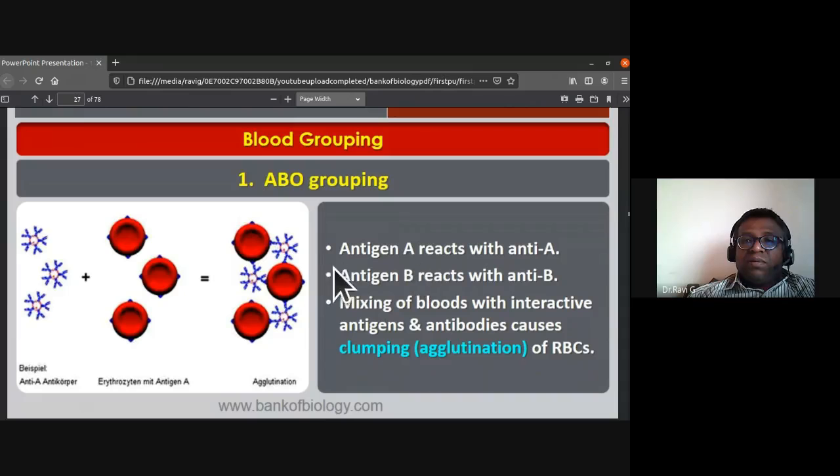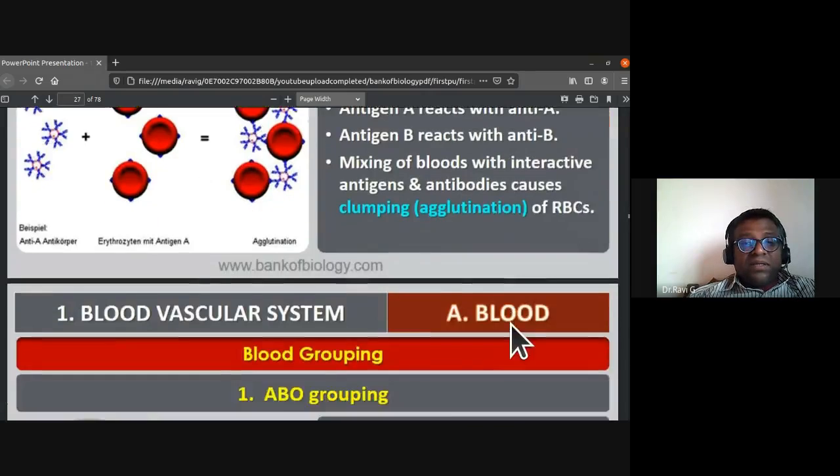So in ABO grouping, you should remember, antigen A reacts with antibody A, antigen B reacts with antibody B. Mixing of bloods with interactive antigens and antibodies causes clumping or agglutination of RBCs. If you mix A blood group with B blood group blood, there would be clumping or agglutination of RBCs.